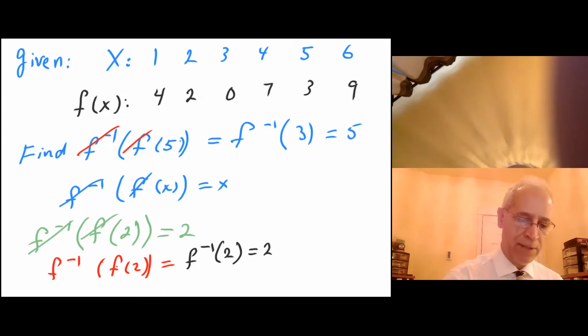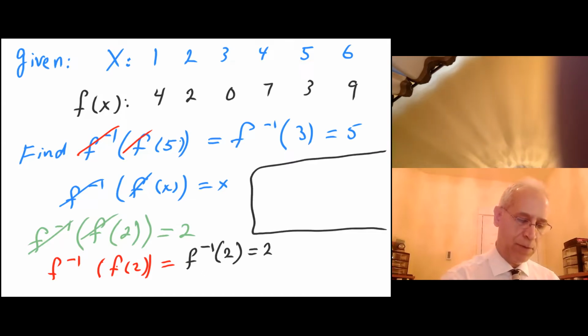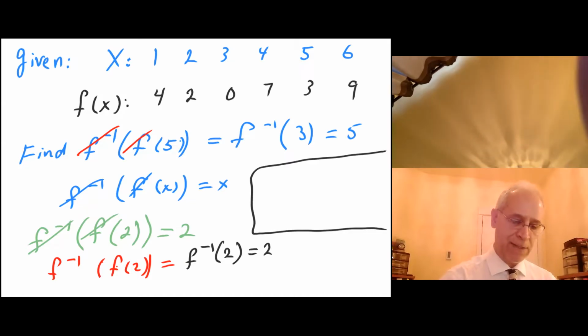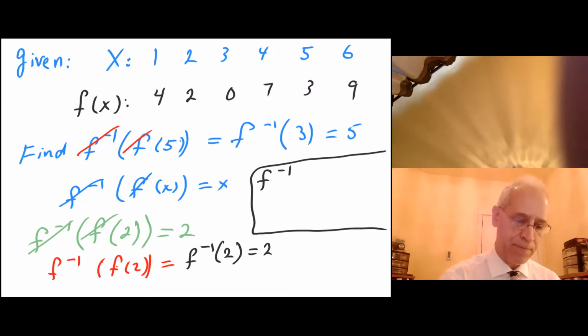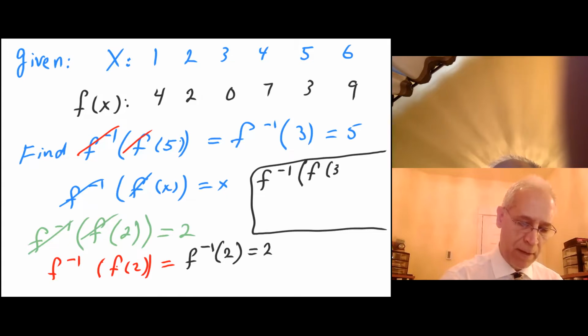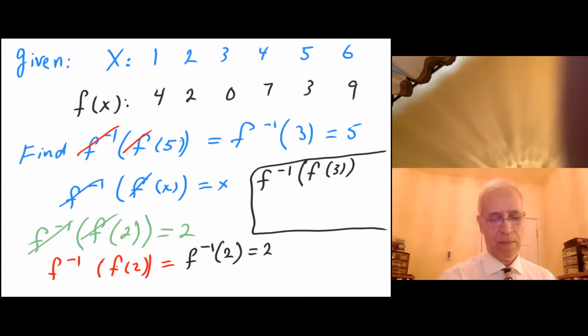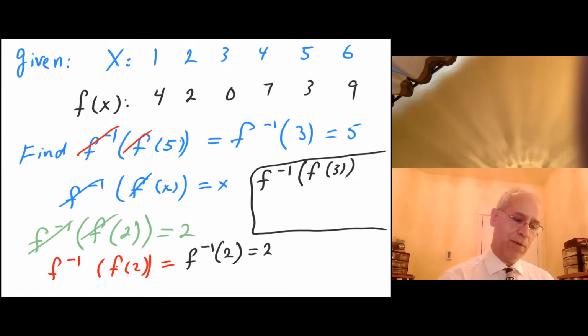Let's do one last one. Suppose we were asking find f inverse of f of 3. Here you could look at your table and tell yourself, well, this is the same as f inverse of 0.